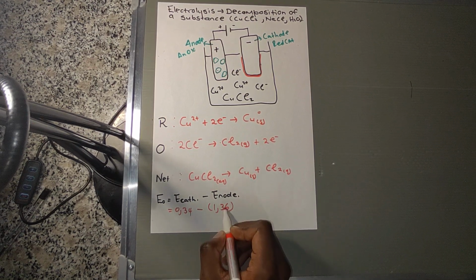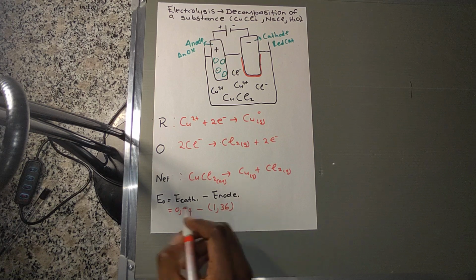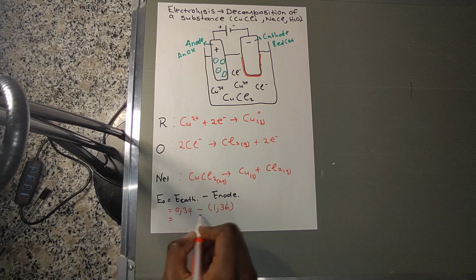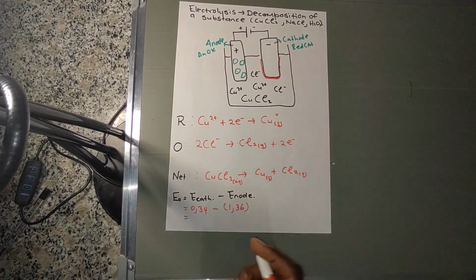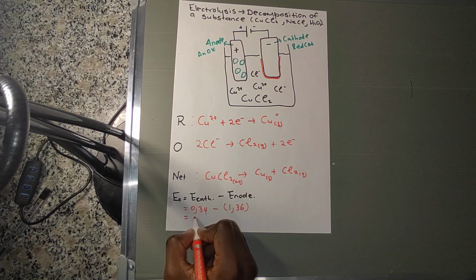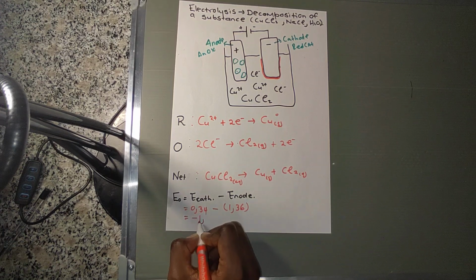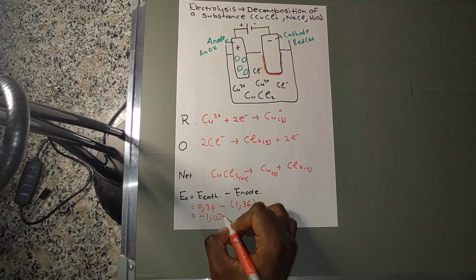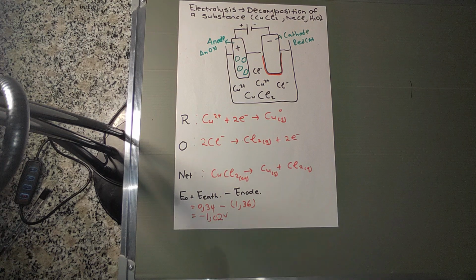We did say that the anode is bigger than the cathode. We want a negative answer. If you get a positive answer, that means your interpretation of this was initially wrong, so go back and change everything. So the answer here is negative 1.02 volts. So that is what we have.